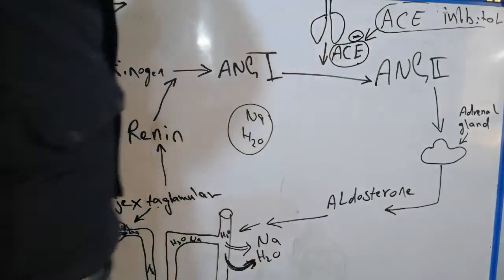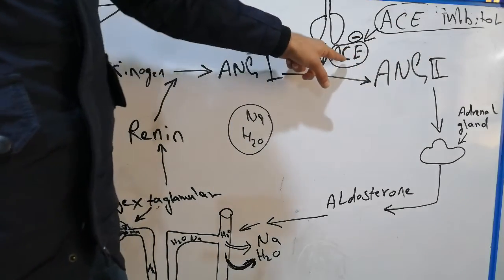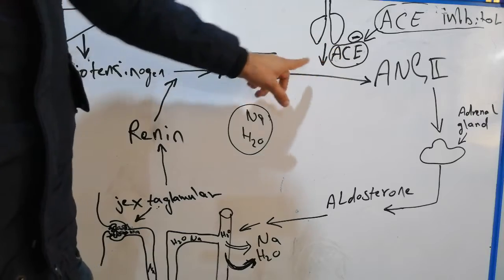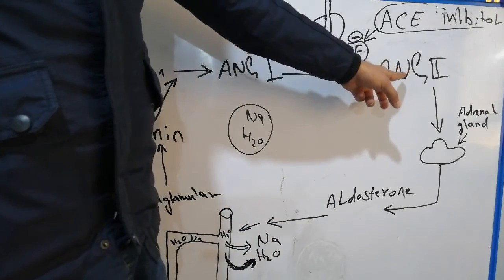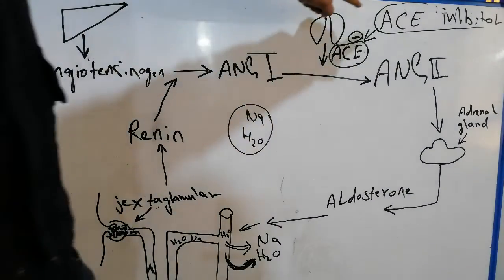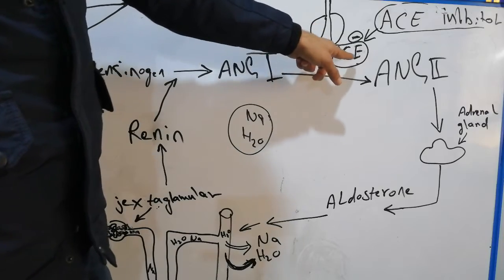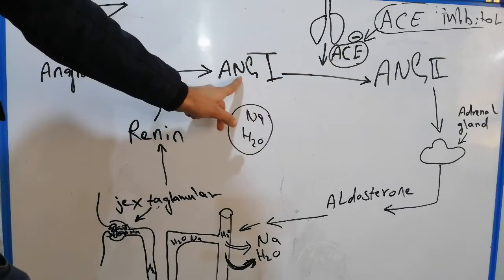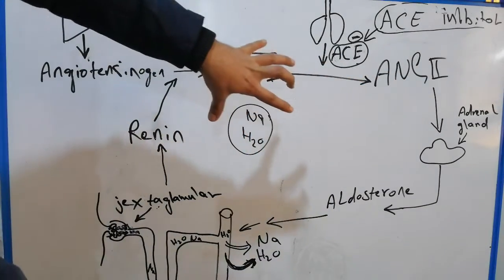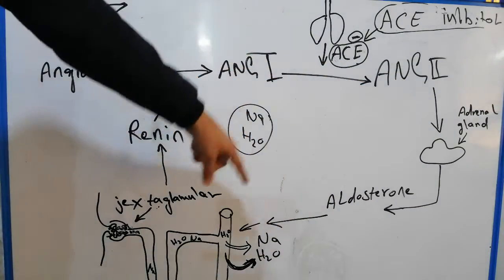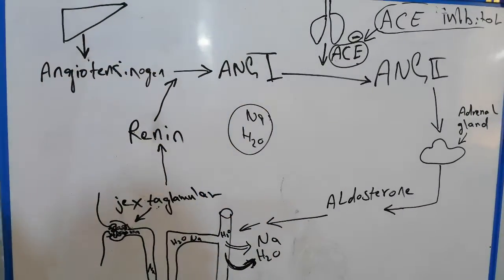So this antihypertensive drug is called angiotensin converting enzyme inhibitor. So angiotensin 1 can't convert to angiotensin 2. So it inhibits this cycle and inhibits reabsorption of the water and sodium from the nephron.